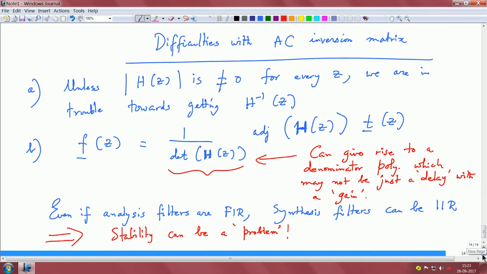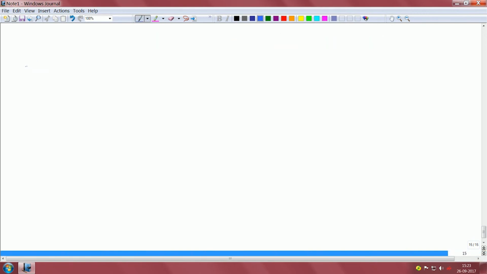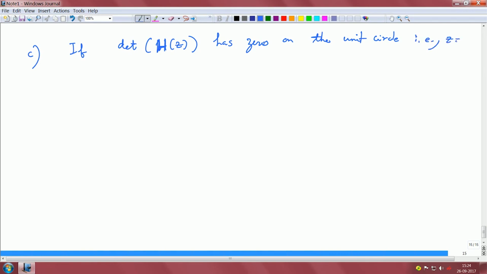Then there is one other issue. If determinant of H of z has zeros on the unit circle, that is z equals some e^{j omega naught}, then magnitude of T of e^{j omega naught} is 0, right.